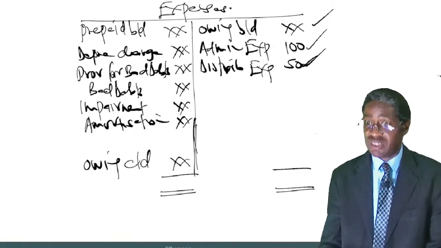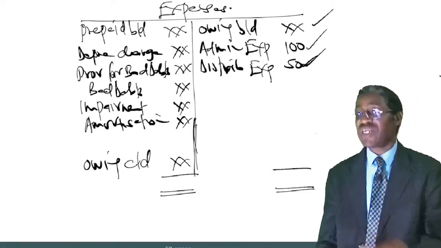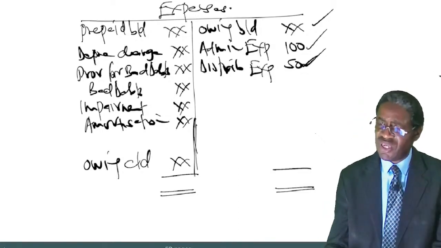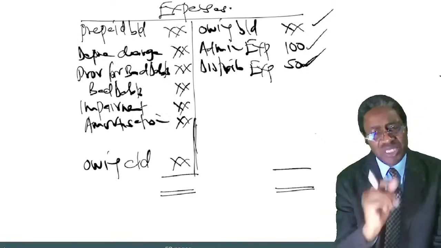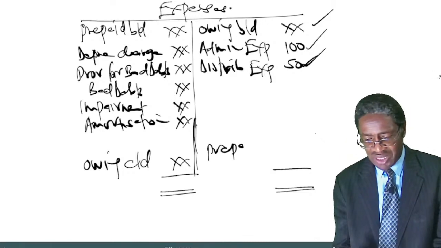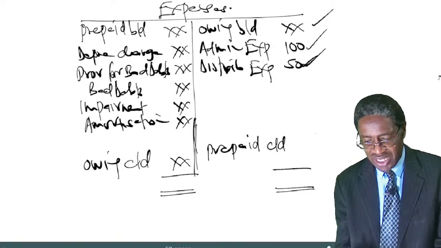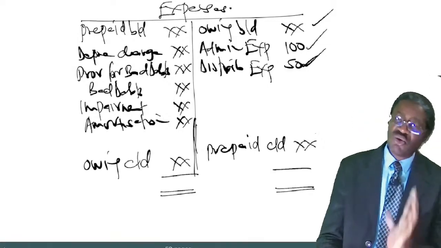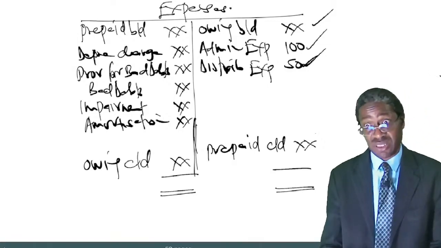I hope you're getting. An expense is always a debit balance. But again, by the end of the year, you cannot have a brought down on the debit side without a carry down. So you'll come and say here, prepaid carried down. So that when it is brought down, it will be reflected now as an asset.